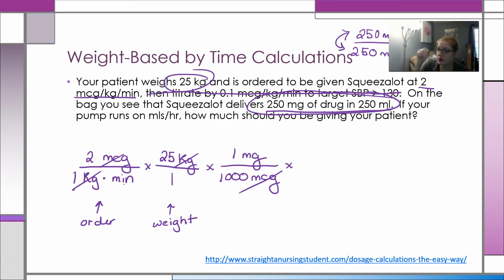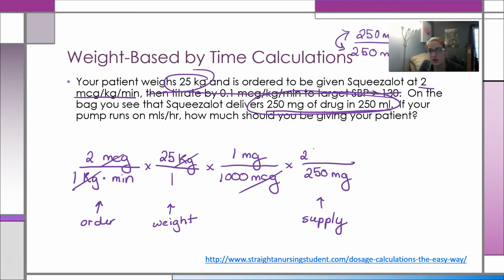Now that we've converted to milligrams, we can go ahead and use our supply, our conversion factor for supply. Now, we can't put 250 milligrams on top because then they won't cancel. They're on the same level. So we need to put it on the bottom.